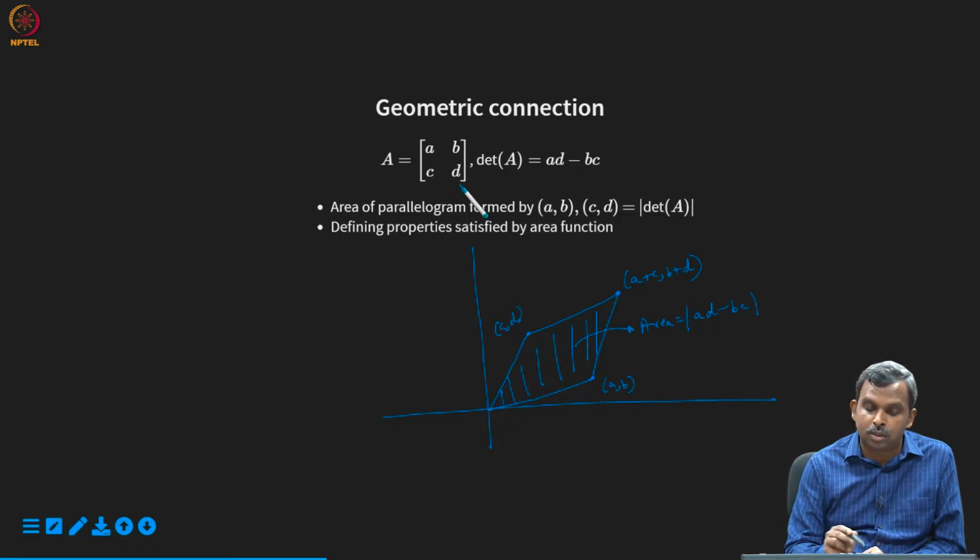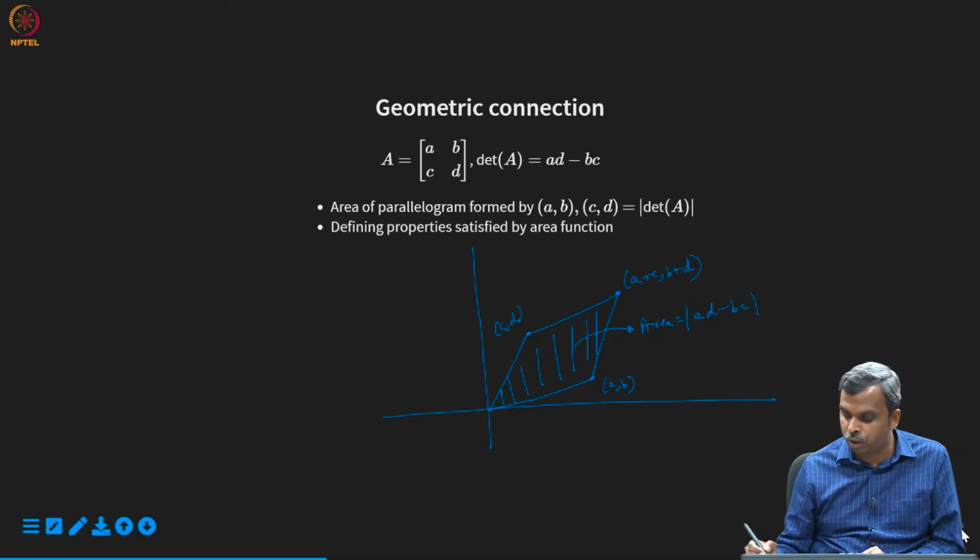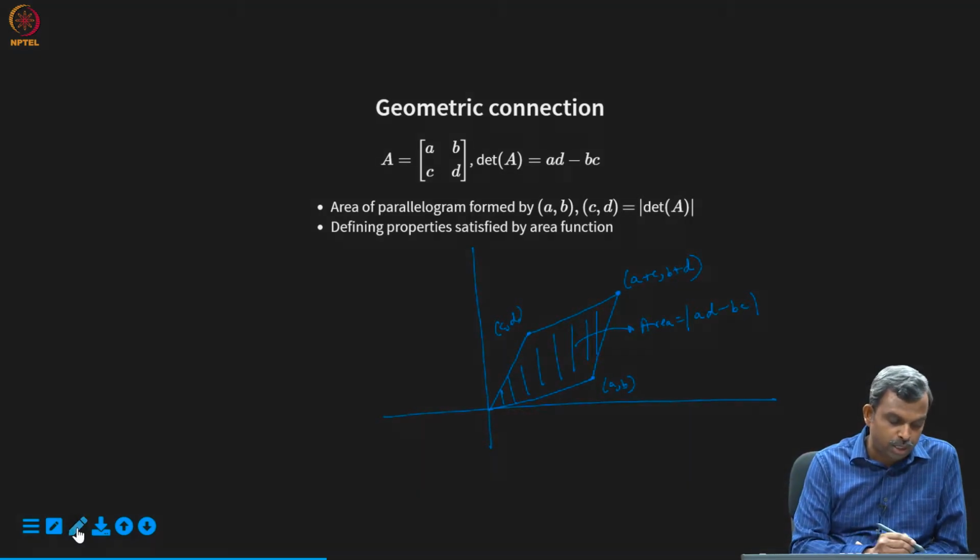You look at the rows, look at the parallelogram created by these rows, and the area of that is the absolute value of the determinant. You can prove this AD minus BC. You make a big rectangle, and then subtract out all the other areas. You will get this. So it's easy to show. This is one motivation for the 2 by 2. Something similar holds for 3 by 3 as well.